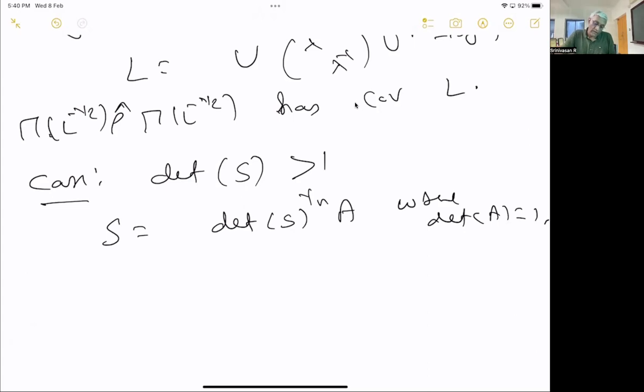So A is a positive matrix, S is greater than 0, and A has determinant equal to 1.